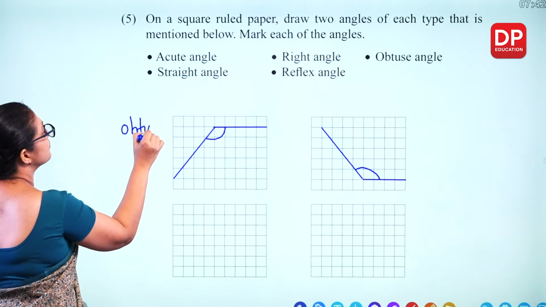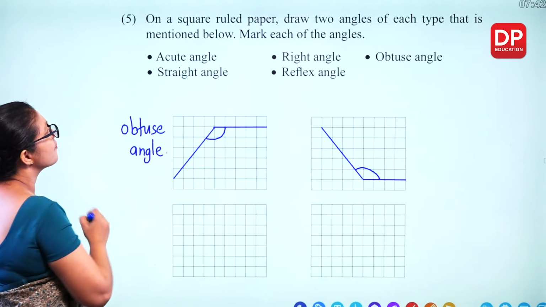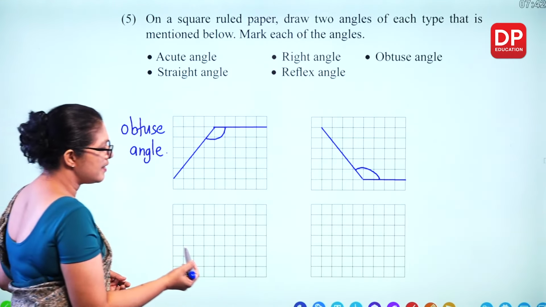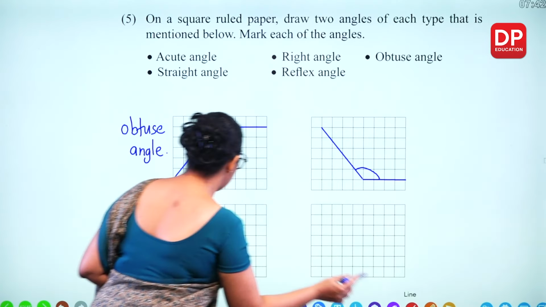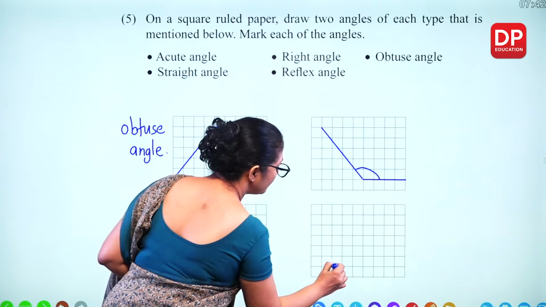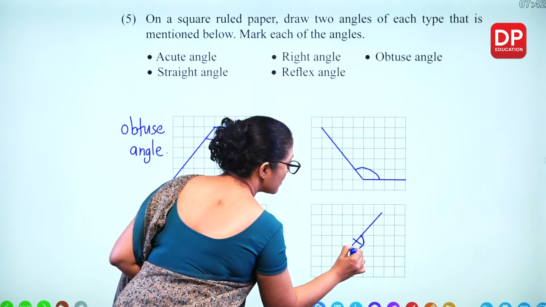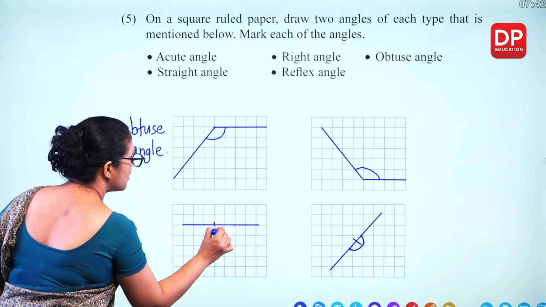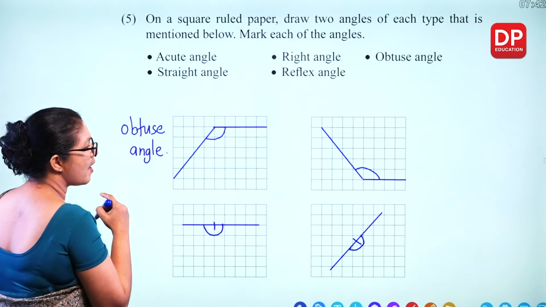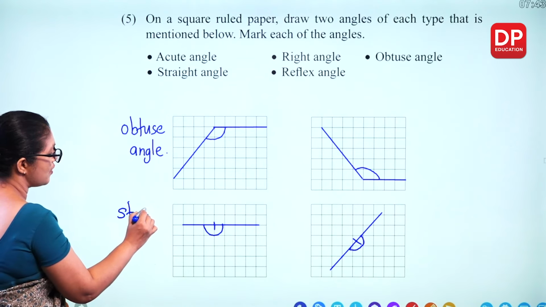Obtuse. Then I'll draw a straight angle. That's really easy. Just a straight line. I can mark it. This angle, this angle. This is not a right angle, it's a straight angle. Just a straight line.